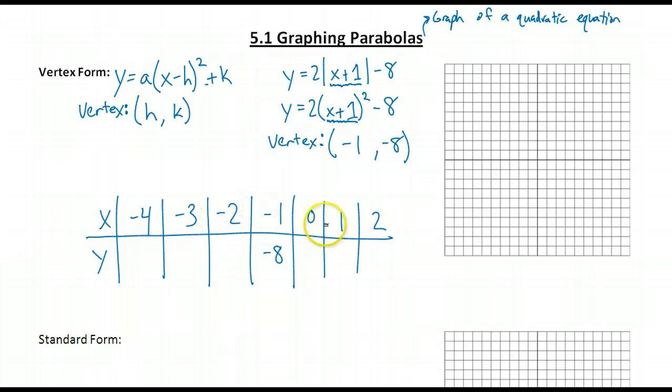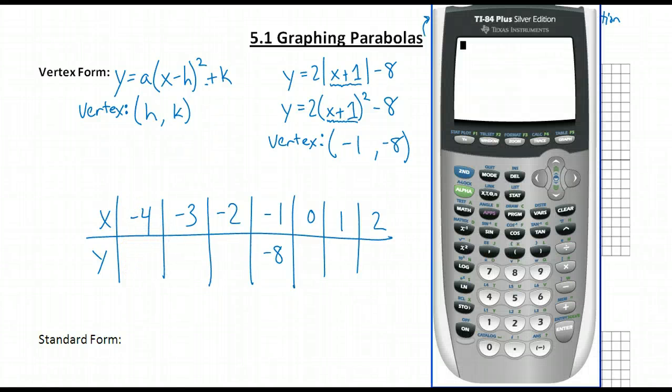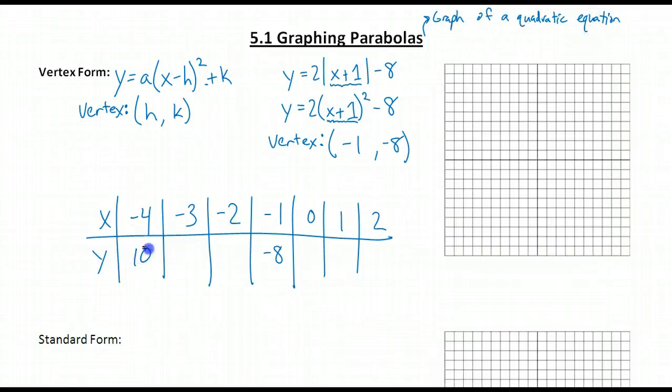And I'm going to plug these x values into this equation to figure out my y value. Input, output. When x is -4, y is 10.